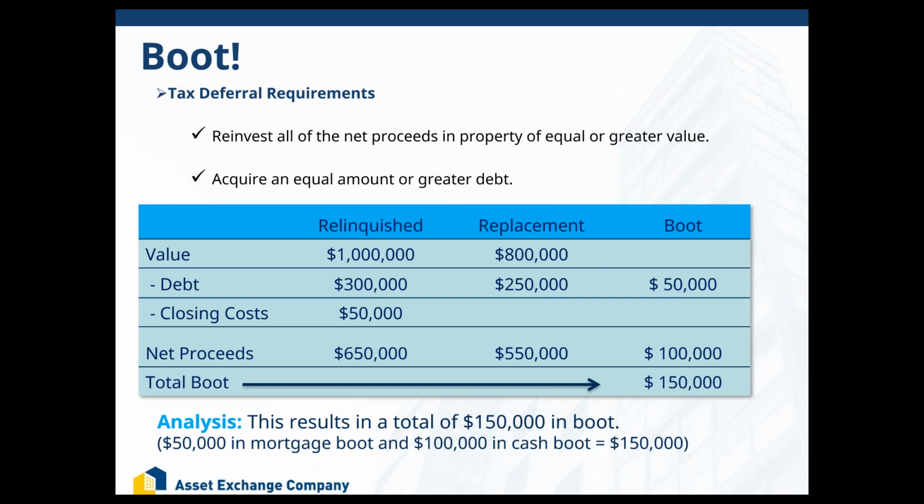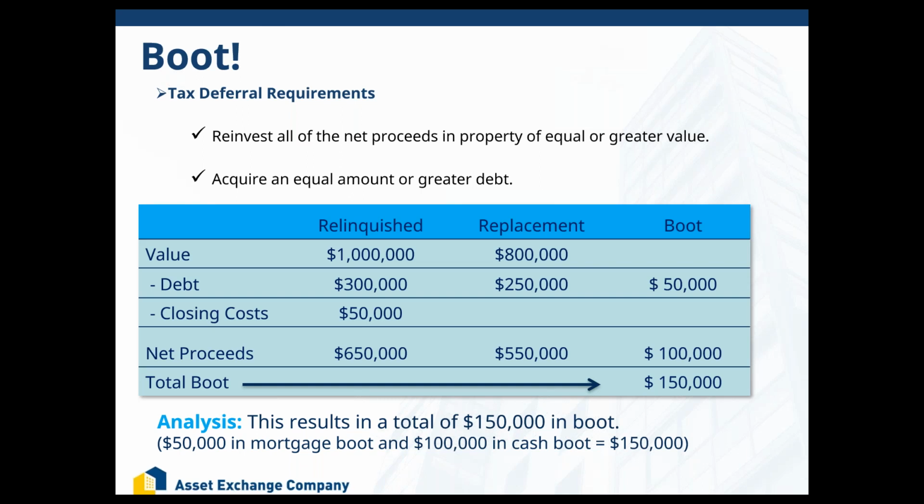You have to look at it and say, if I don't do a 1031 exchange and I just sell the property outright, what do my taxes look like? But if I do a 1031 exchange and I take out some boot, maybe mortgage boot or cash boot or both, what do my taxes look like on the boot?